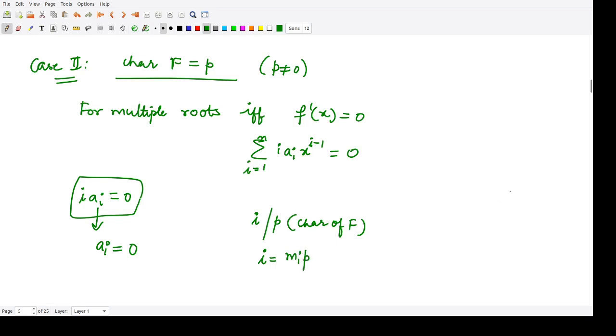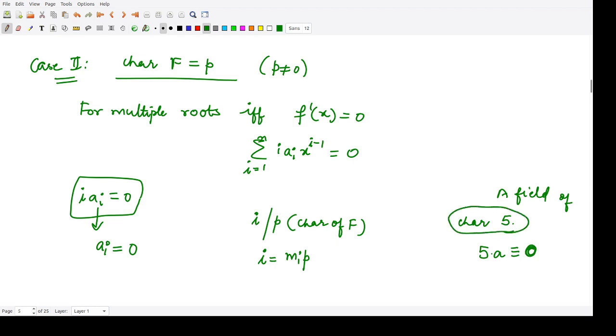If you have a field of characteristic, say 5, then in that case 5 into anything, say a, would be equivalent to 0. Why? Because we are now in a field with characteristic 5.